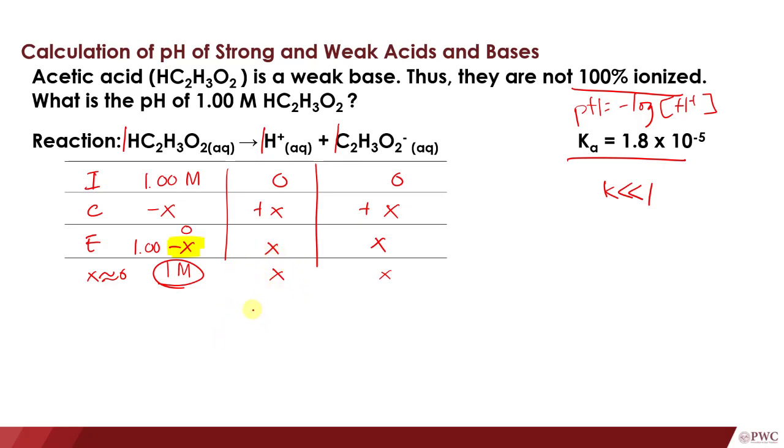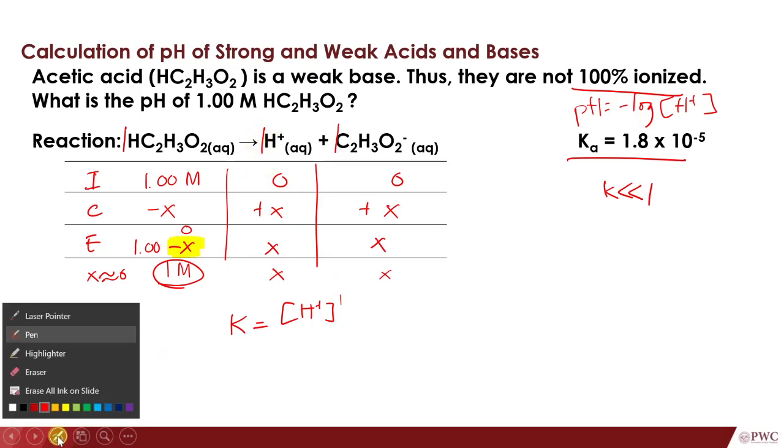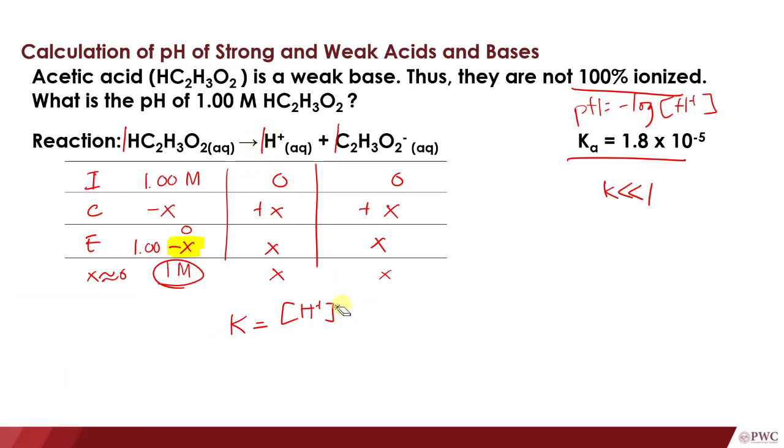So what should we do? We can use our equilibrium expression. Again, our equilibrium expression for this one is equal to the concentration of our products, H plus raised to the power of 1, because that's 1 in the coefficient. Since it's 1, we don't need to write 1 here. Then multiply by the other product, we have the acetate, C2H3O2 minus, over the concentration of our reactant, we have acetic acid, HC2H3O2.